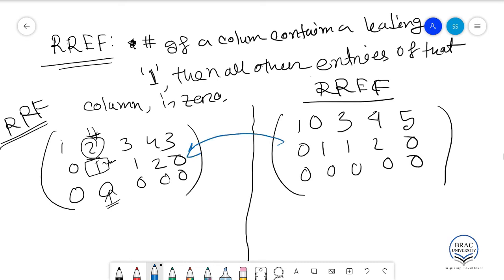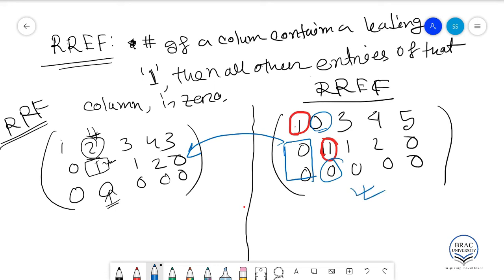The extra feature is that the leading ones are the only non-zero element in their column. So as you can see, the elements beneath 1 in the first column are 0, and the elements upstairs and downstairs are both 0. So this is called a reduced row echelon form.